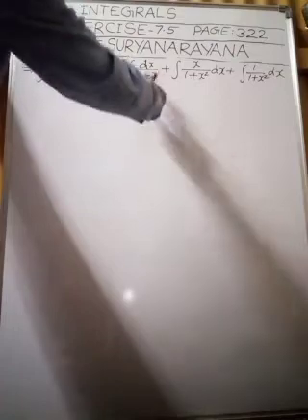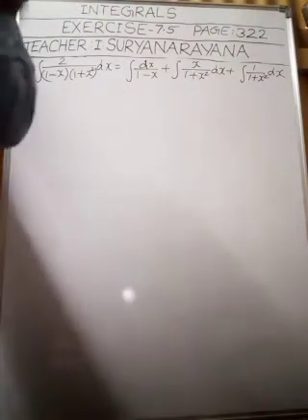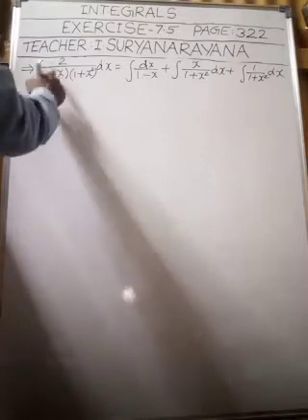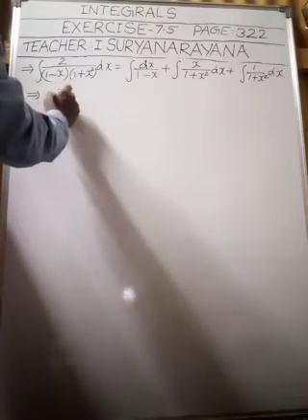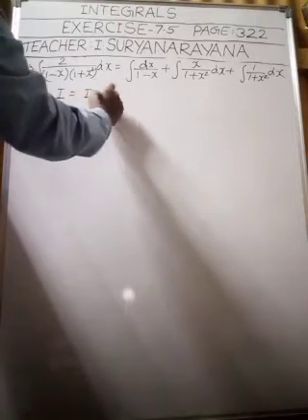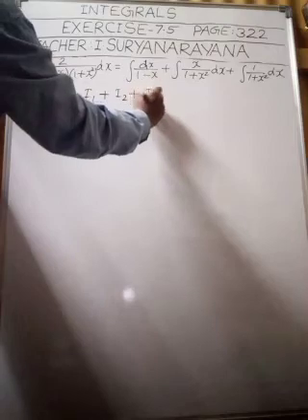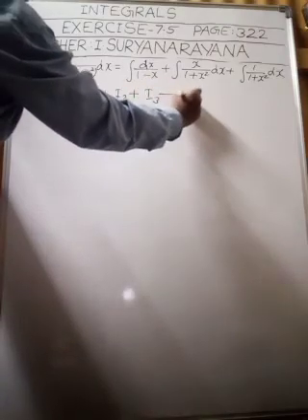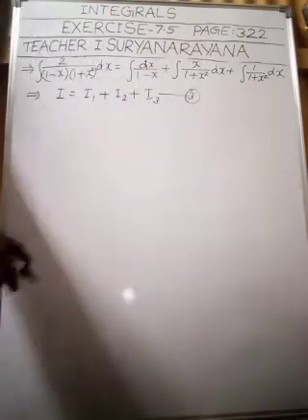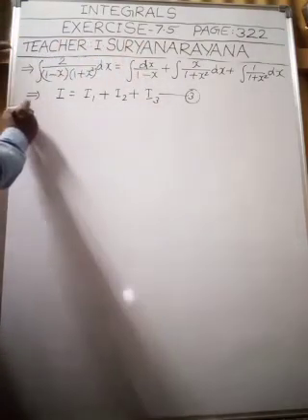We got three integrals. Okay, my children? Right. So let us assume this is I, equal to I1 plus I2 plus I3. Let us assume this is equation 3. Let us find the integrals of each one separately.